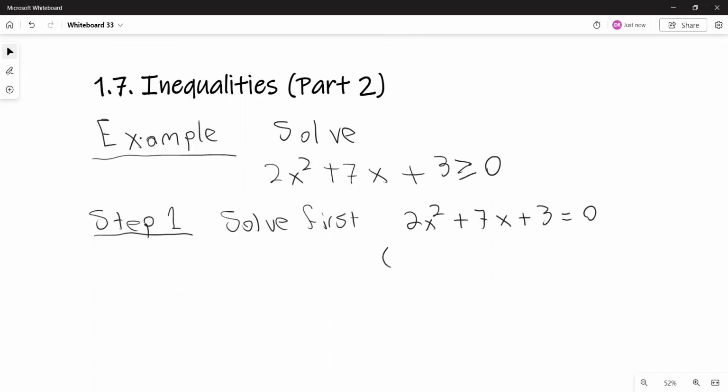We can solve this equation by factoring. The expression on the left factors as 2x plus 1 and x plus 3. So the solutions of the associated quadratic equation are -1/2 and -3.